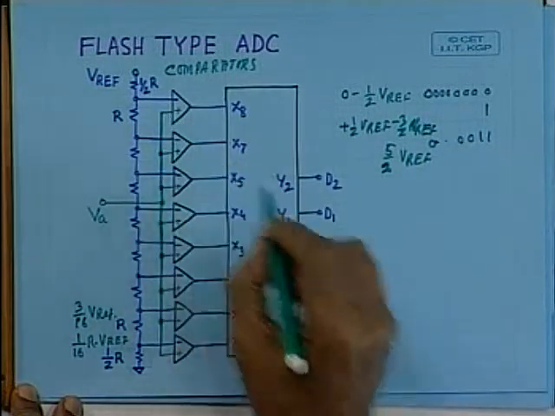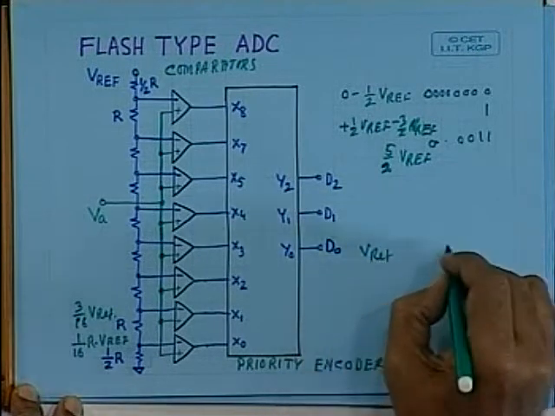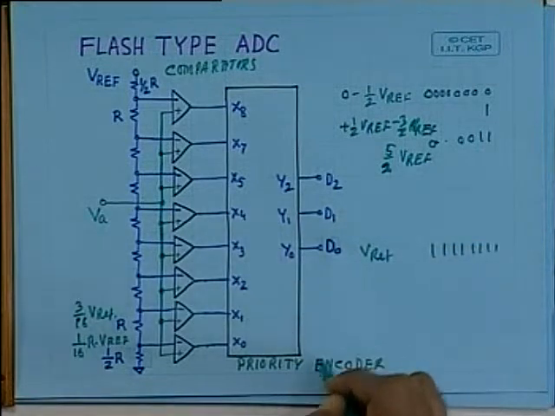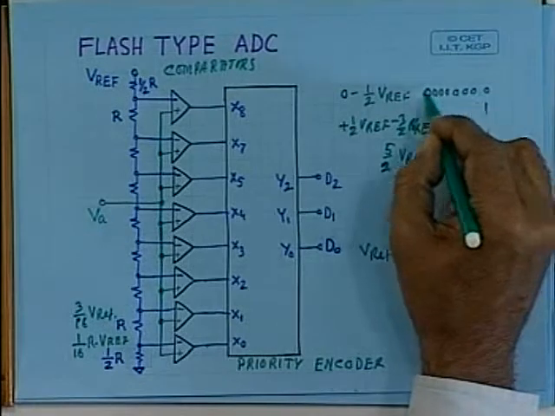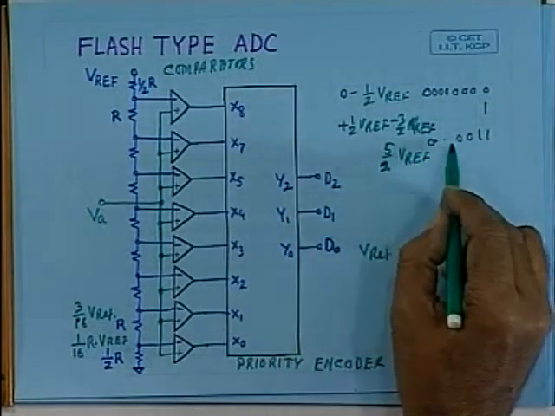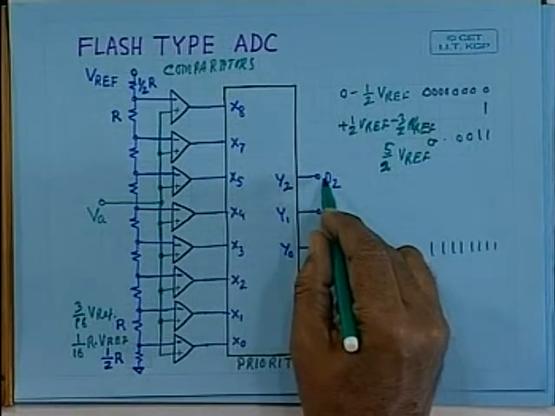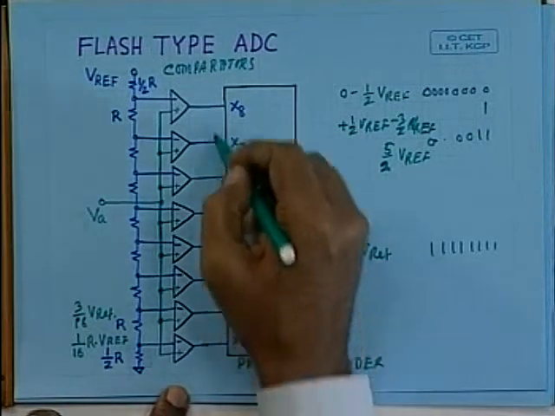And whenever the voltage reaches Vref, then it will become all 1. And since this is a priority encoder, for this input combination the output will be 0, 0, 0. For this input combination the output will be 0, 0, 1, and whenever all of them are 1, it will become 1, 1, 1. So we get an encoded output here corresponding to this.